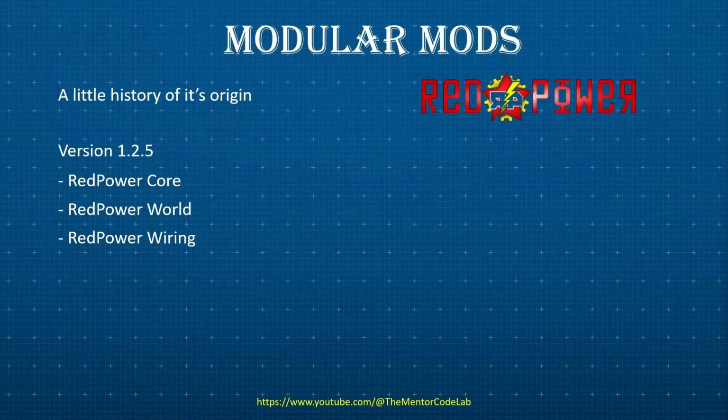Then she published Red Power Wiring. Wiring was all about redstone wires that could go vertically or horizontally without the limitation of 15 block distances, and you could just put these wires infinitely in a horizontal distance and the redstone would transfer. Later down the road, she published Red Power Logic.